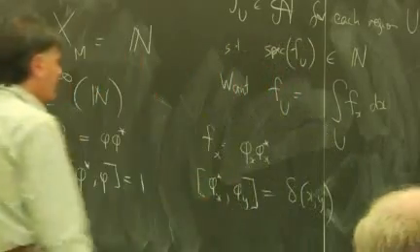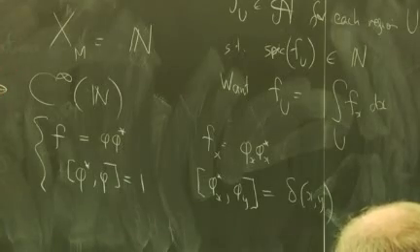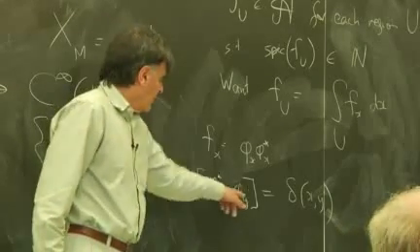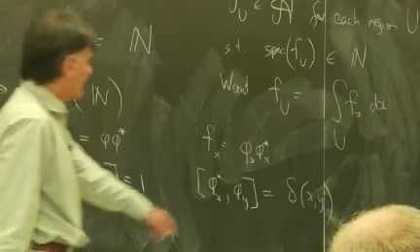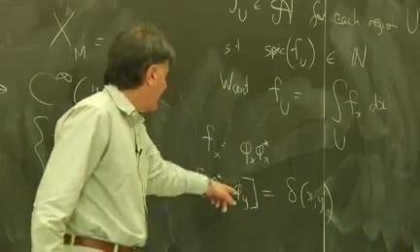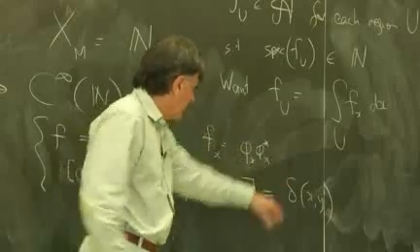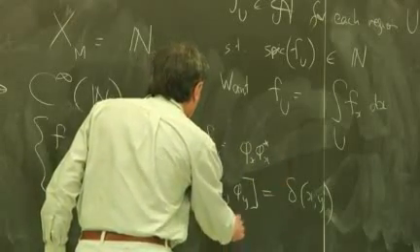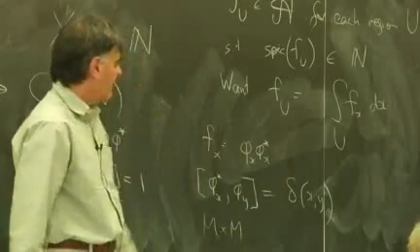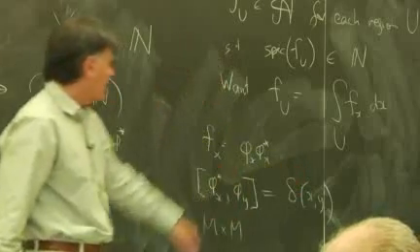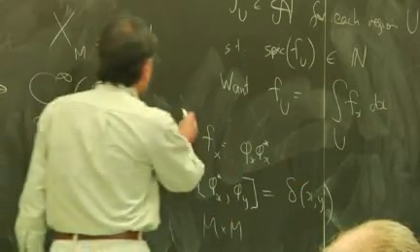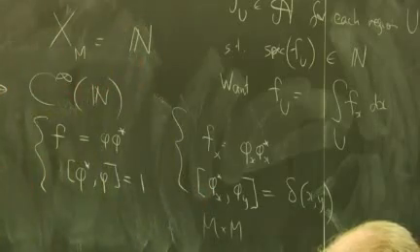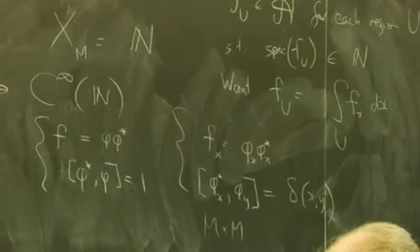This is only meant to make sense when you multiply by smooth functions of x and y and integrate. This is the delta function along the diagonal in M cross M. So this is an equation of operator value distributions on M cross M, and this is the delta function along the diagonal. So if you have this situation, then what we see is particles.